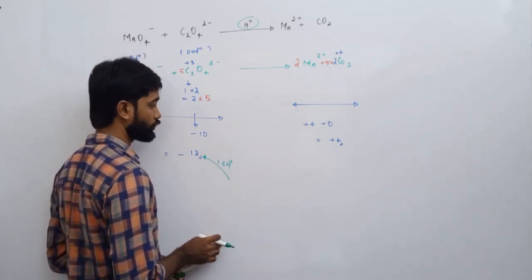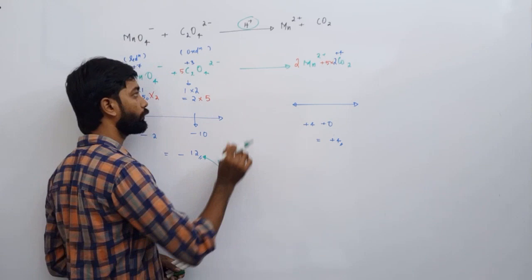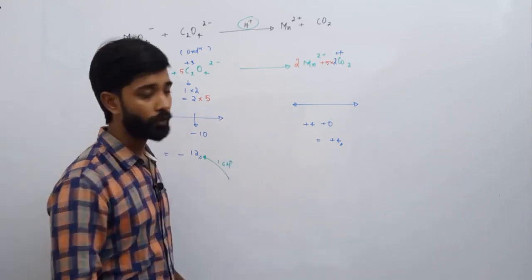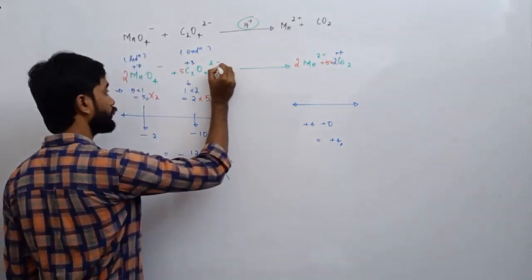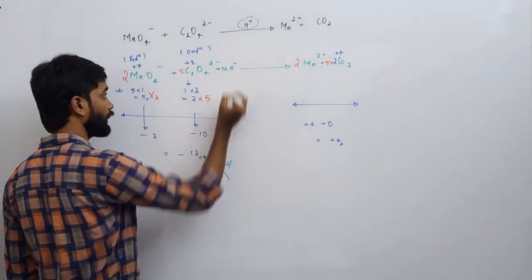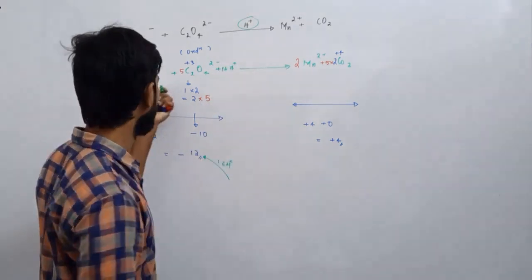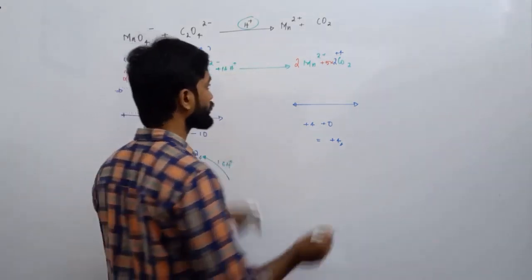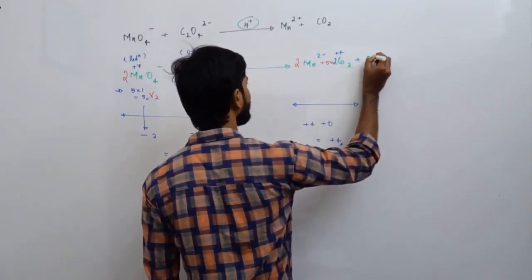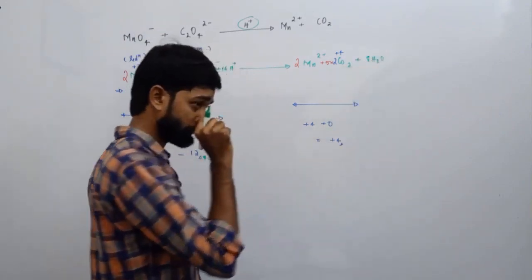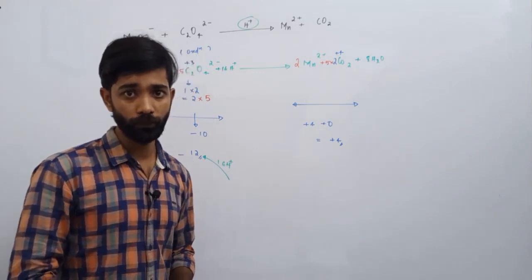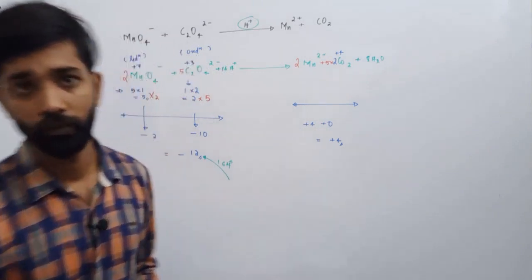So on the left side it will be +4, and the right side is already +4. So 16H plus is added. There is no other hydrogen here, right? Yeah. So 16H plus, on the opposite side becomes 8H2O. Is it okay? Okay.